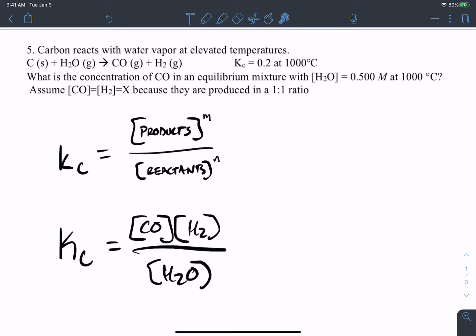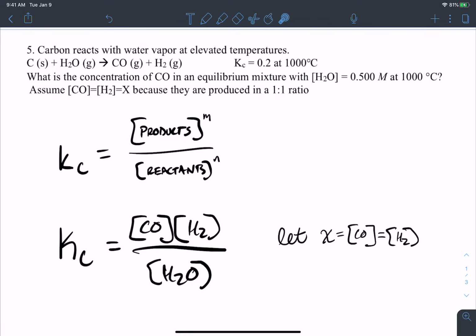All right, so we have our K sub C expression. I would recommend using this as an intermediate step. Don't just go ahead and substitute numbers in, because it's easy to misplace them. So if you actually write this out each time, you'll know exactly where you're going to plug in numbers.